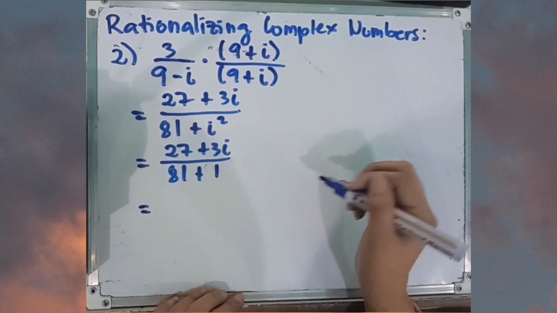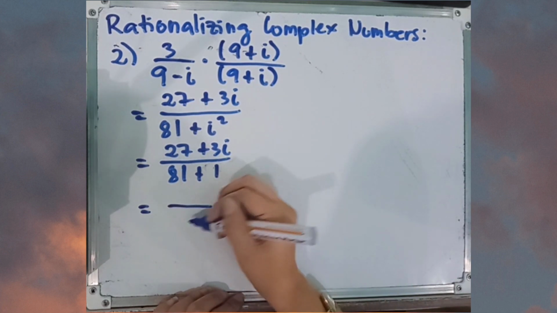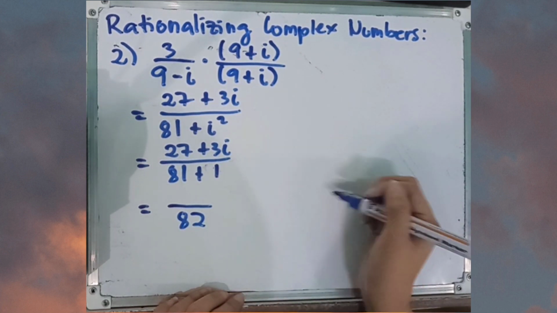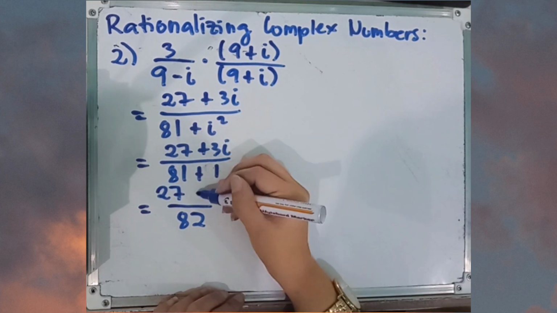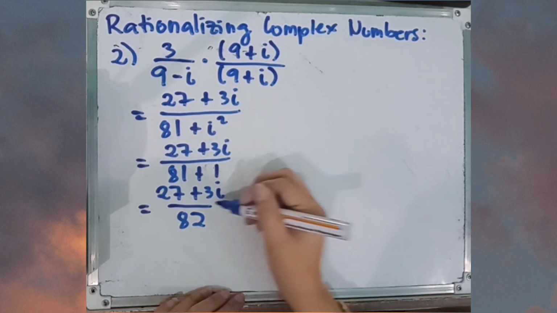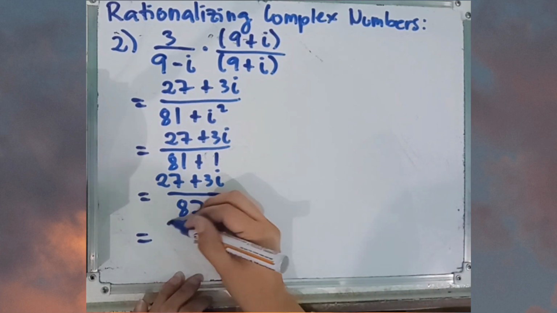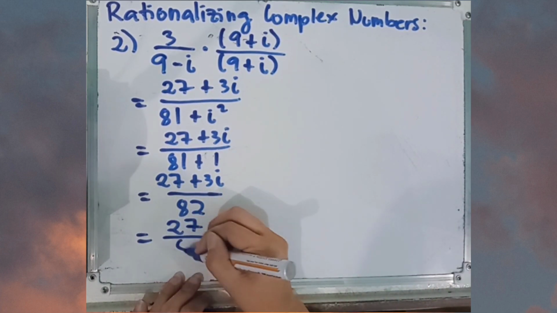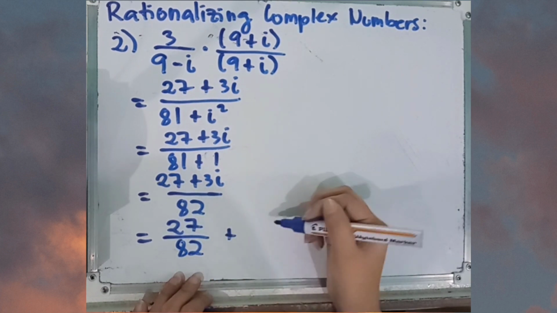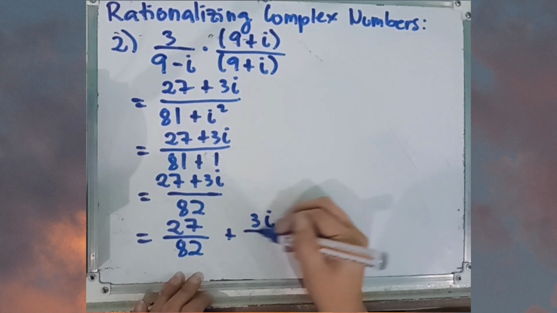And 81 plus 1, that's 82. So we have 27 plus 3i over 82. So if we further simplify, that's 27 over 82 plus 3i over 82.